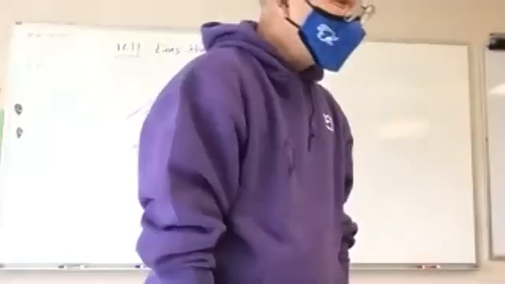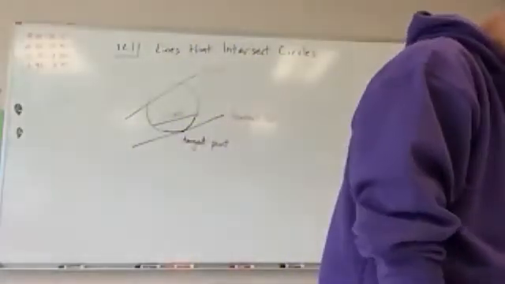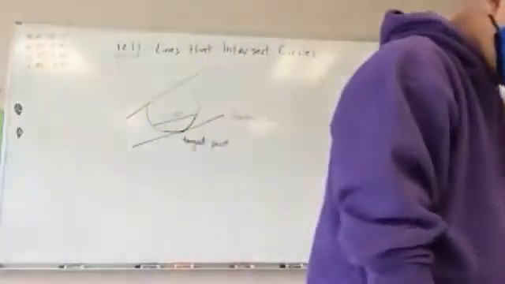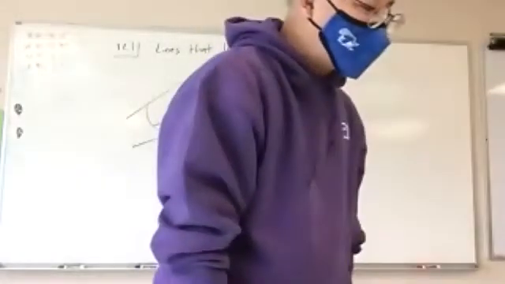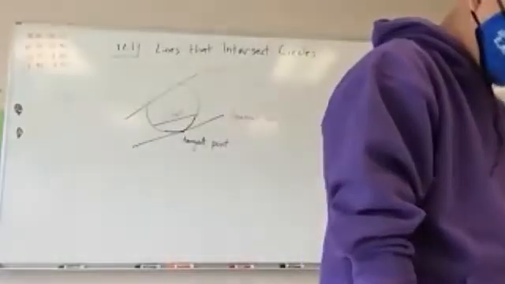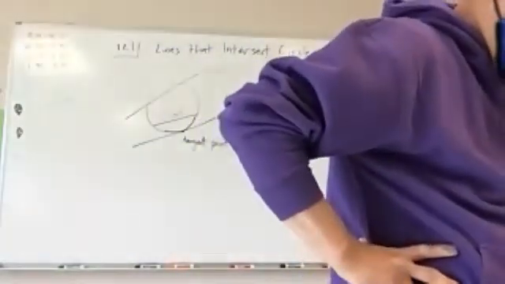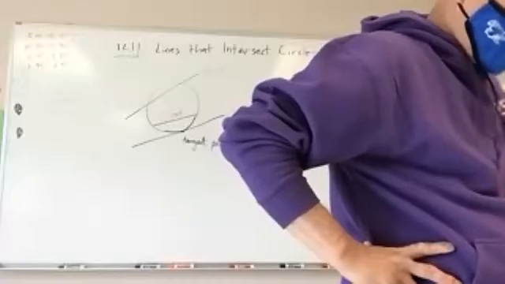Okay, so let's go ahead and do example number one. Example number one, identifying the lines and segments that intersect circles. It says identify each line or segment that intersects the circle A. So chords, do we have any chords there? We have E to F, right?